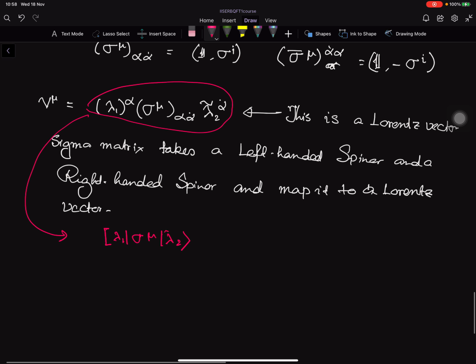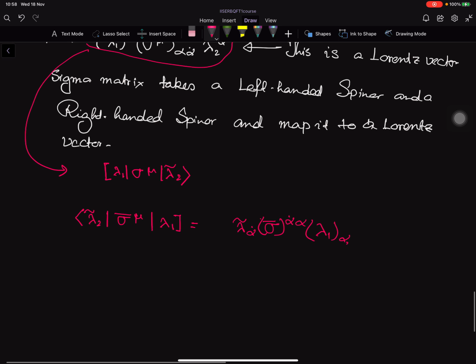Similarly, one can also define lambda 2 tilde angle bracket sigma bar^mu, sigma bar, lambda 1, which is the same as lambda tilde_2 alpha dot sigma bar^{alpha dot alpha} lambda_1 alpha. Okay, so these are the sigma matrix properties.